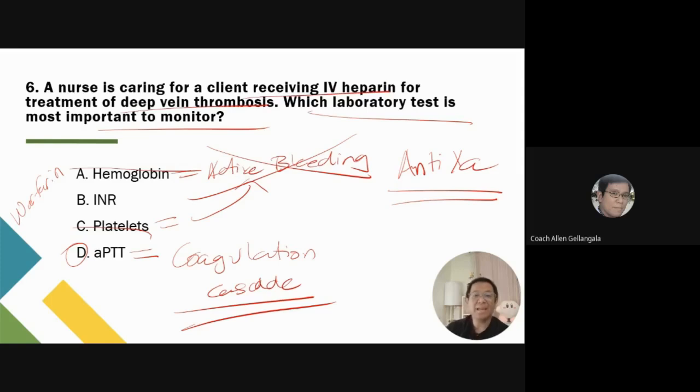Anti-Xa is also very useful for a pinpoint and specific measurement of therapeutic level for people who have been using, let's say, enoxaparin or low molecular weight heparin.